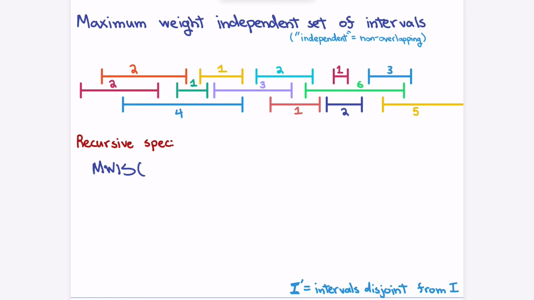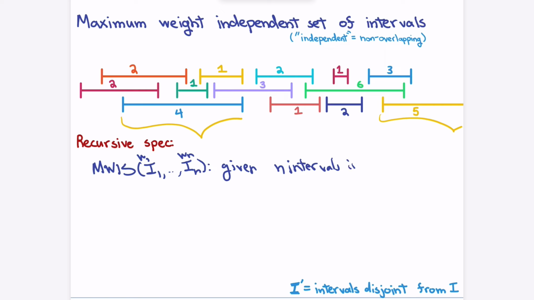So I do the biggest intervals first, like this one. Okay, so, and I guess there's weights too. So given n intervals in decreasing order of length, the maximum weight independent set of these intervals, right?